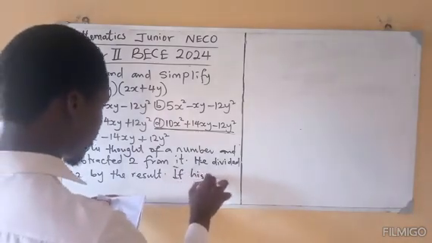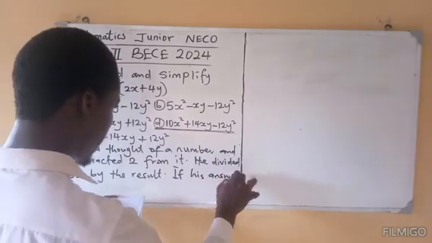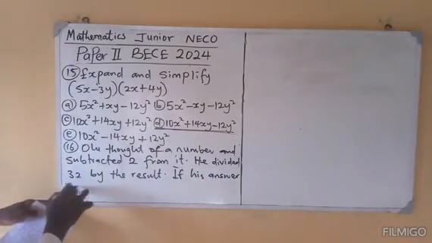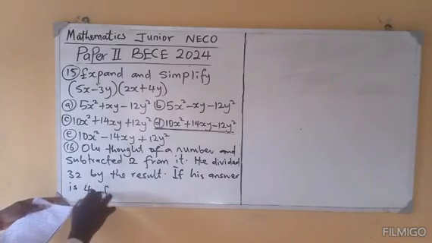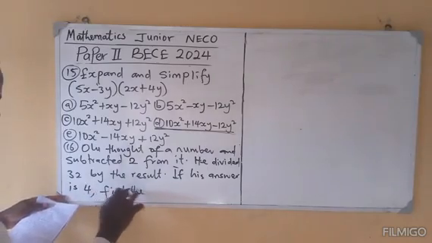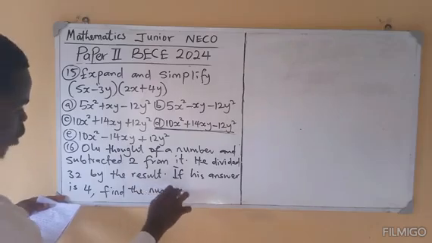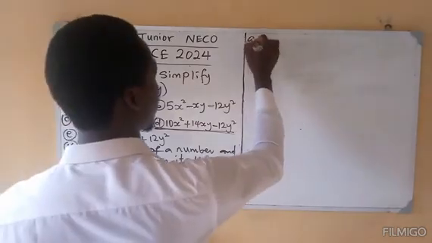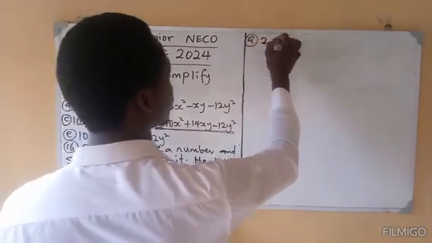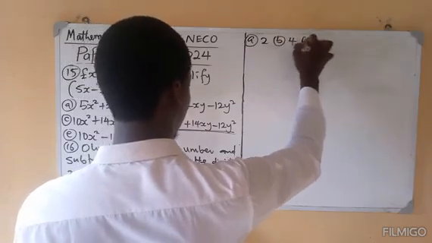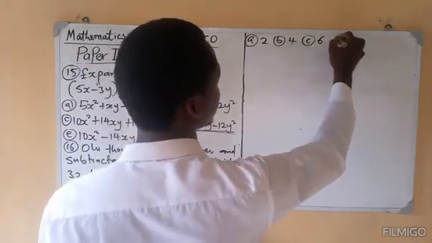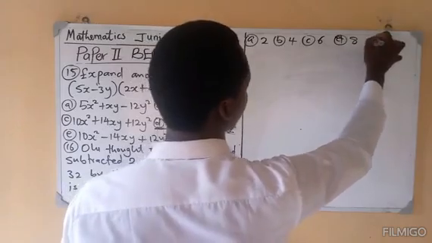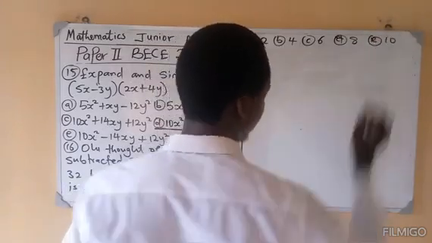If his answer is 4, find the number. The options given to us are 2, 4, 6, 8, and 10.